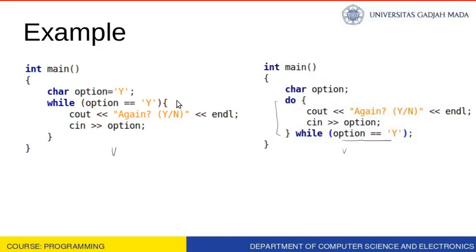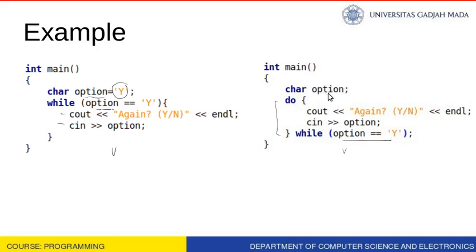So what is the difference? Here, when I'm using while, I have to define this condition, which is option. It should be true if I want to execute the statement inside of this while.